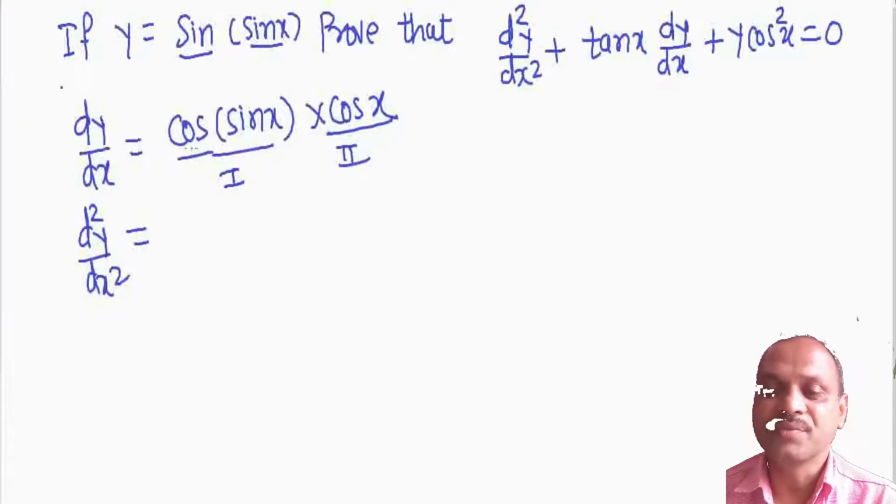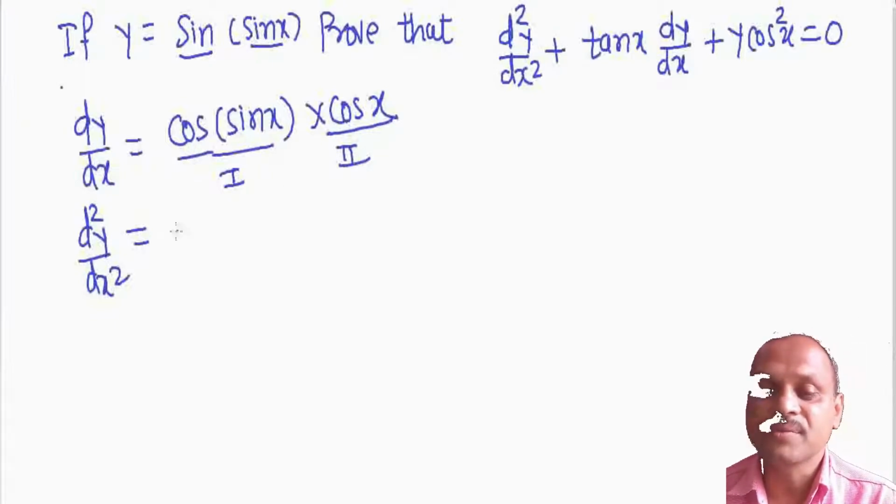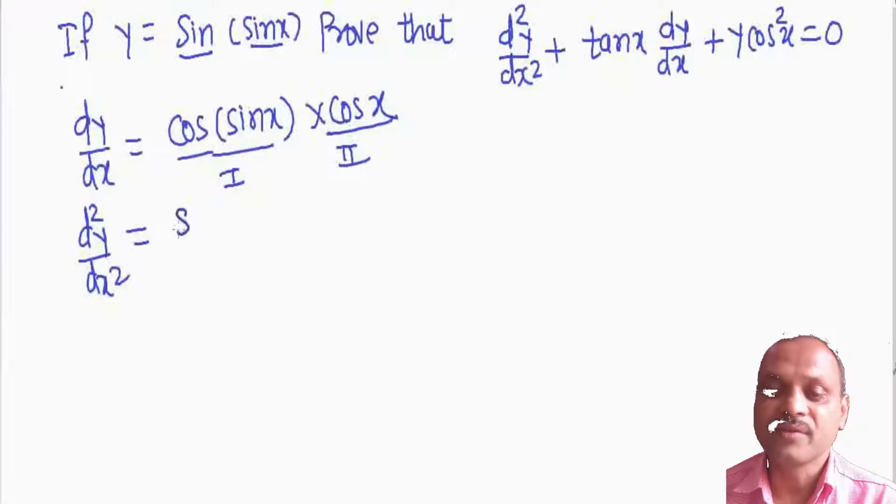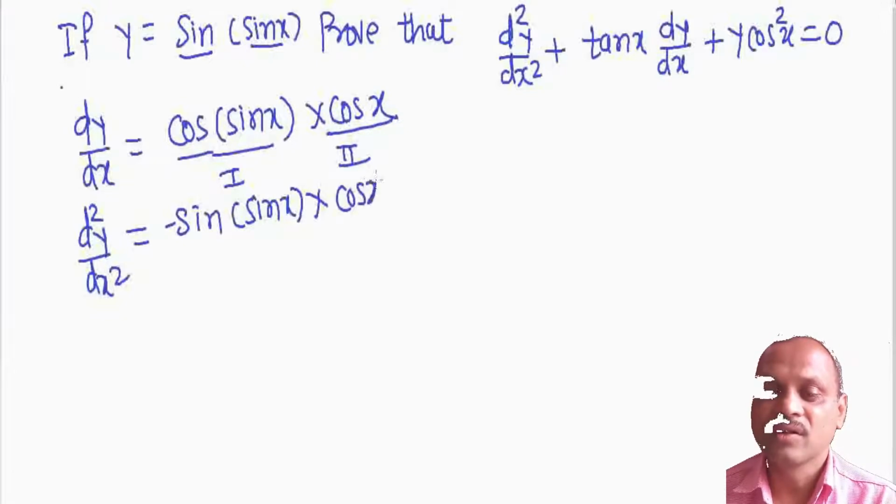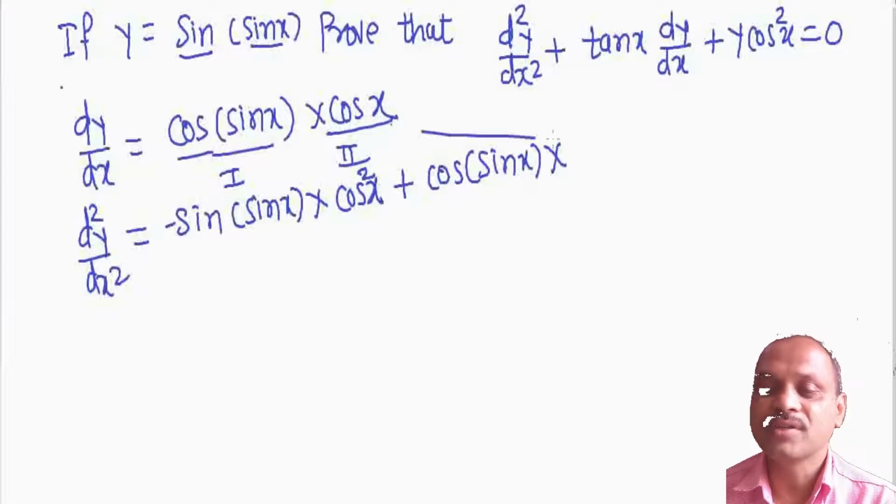The second function as it is, first we find the derivative of the first function. The derivative of cos is minus sine of sine x into the derivative of sine x, which is cos of x, but already we have one cos of x, so cos of x into cos of x gives cos square x, plus cos of sine x into the derivative of cos x, that is minus sine x.